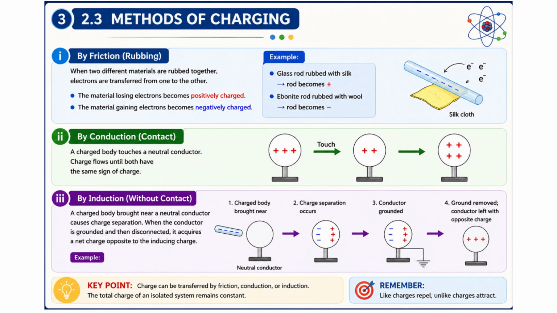Okay, so for the third step, what will happen? While the charged rod is still held in place, we connect a grounding wire to the side of the sphere where the repelled electrons are gathered.